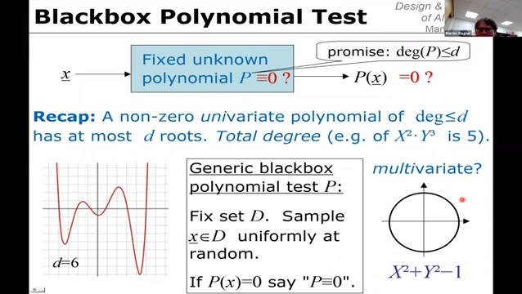So our goal for the next lecture on Thursday will be to analyze the error probability of our generic black box polynomial test in the multivariate case. The univariate case being trivial, being easy, but the multivariate case, that's interesting.